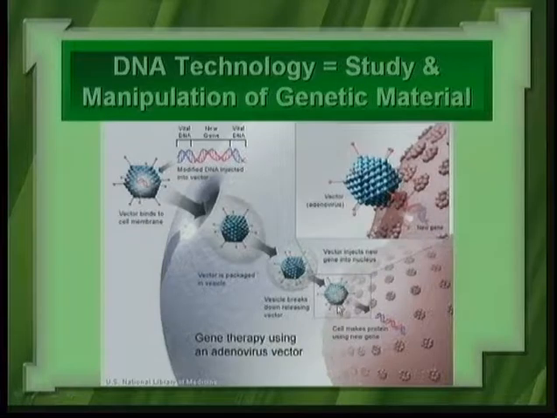But if everything goes right, the virus will inject its nucleic acid with the gene of interest into the nucleus of the target cell, and then it will be incorporated into the DNA of the target cell. Then, if you remember from our last lecture, you'll have the DNA, including the gene of interest, being used to make a protein using the new gene. Okay, isn't that remarkable? Isn't that amazing?